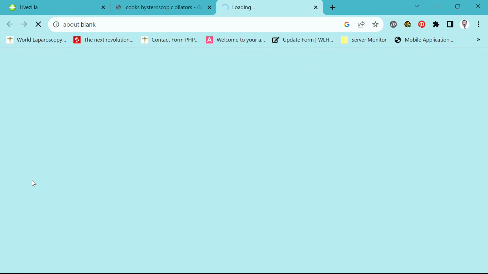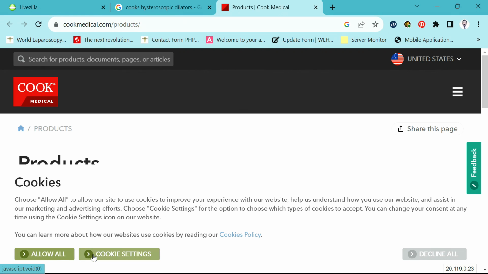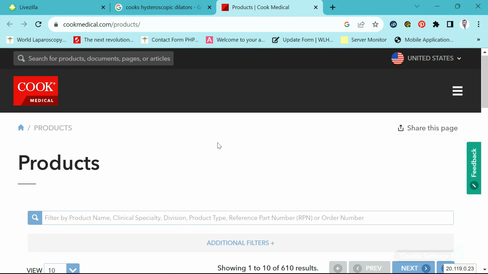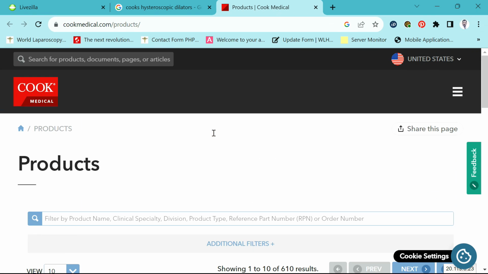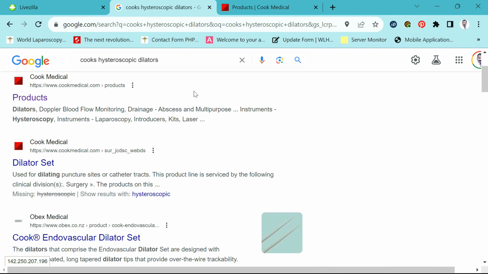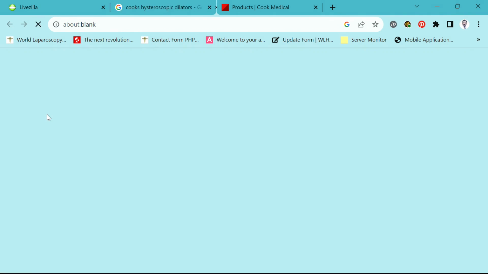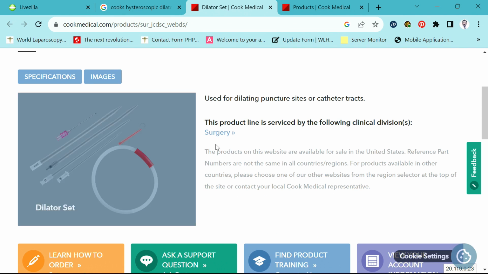This is Cook's Medical. They are making beautiful instruments for opening the obstruction of the tube. So these are the different instruments. This is Cook's Medical and you can buy from them. This is the dilator set. They have serial dilatation, different Frenches, 6 French, 7 French, and this is the dilator set here.